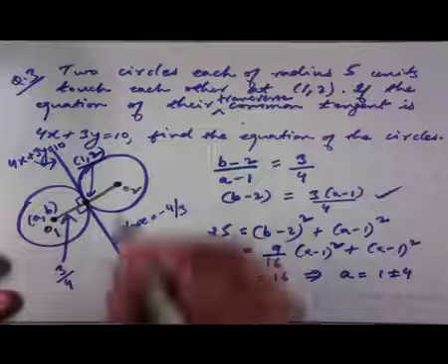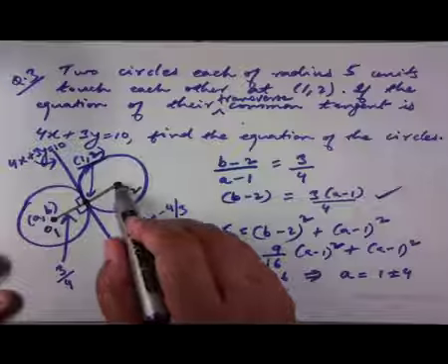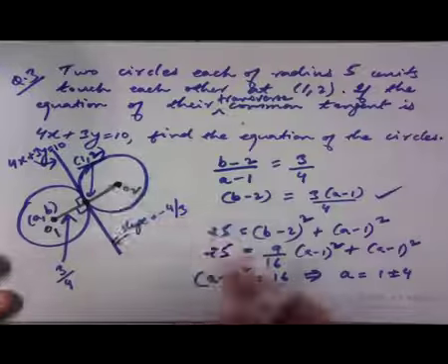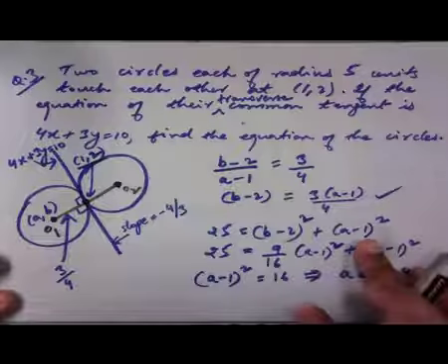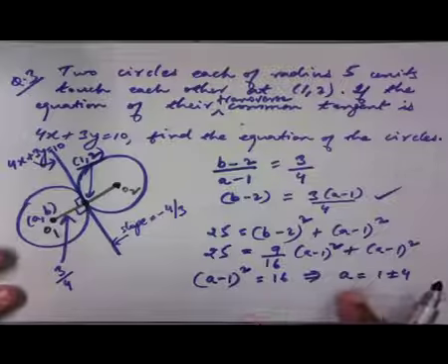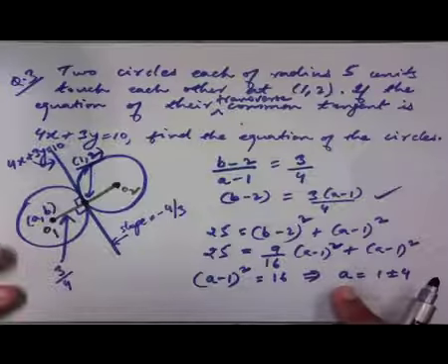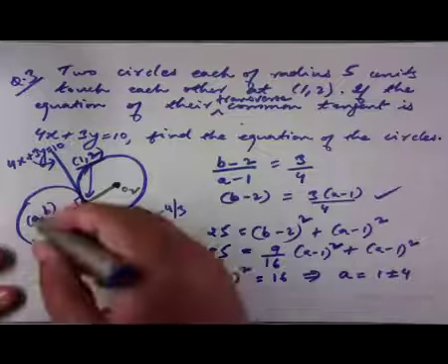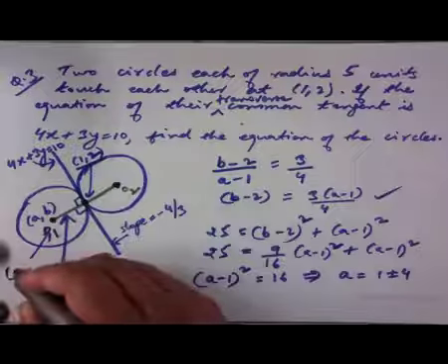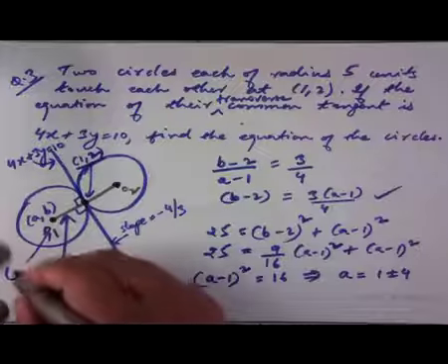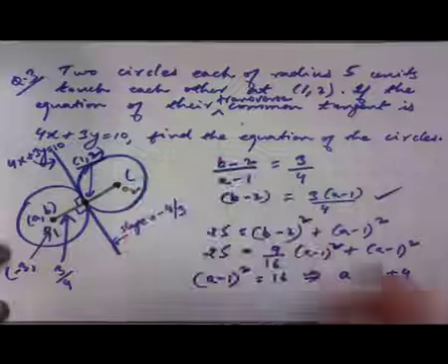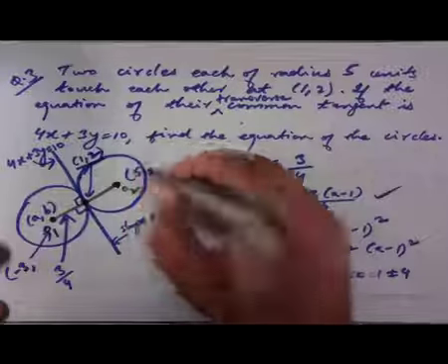So, the coordinates of the center of the second circle must also satisfy this equation, and therefore, the x coordinates of these two circles are as follows. For the first circle the x coordinate will be 1 minus 4, which is minus 3, and the x coordinate of the second circle will be 1 plus 4, which is 5.